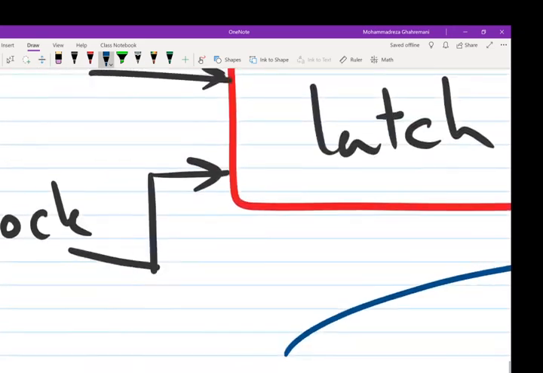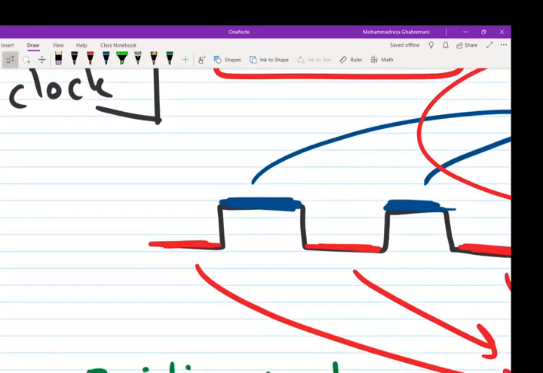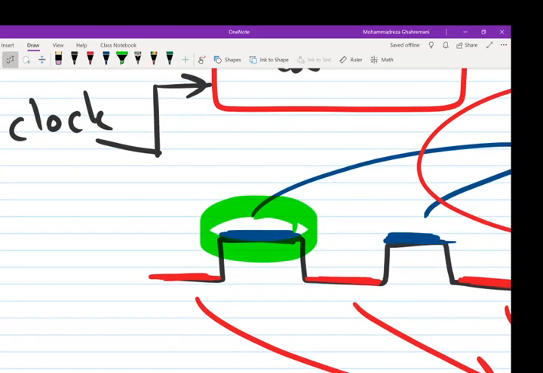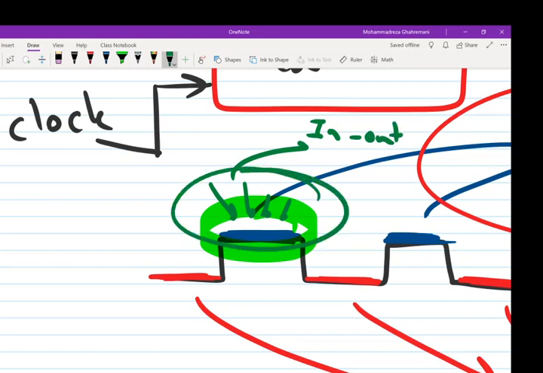But in the latch, we have a different story. In the latch, as long as the latch is active, for example, for this latch which is positive level sensitive, as long as the clock level is active, any changes in the input will be transferred to the output. So if the input changes 10 times during this time, the output will change 10 times because the level is active.